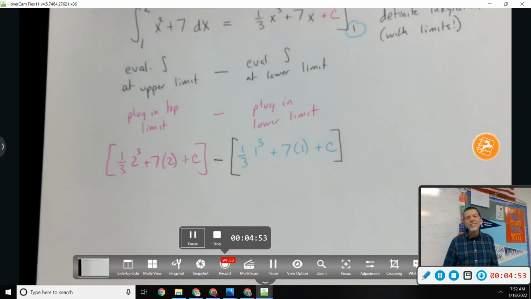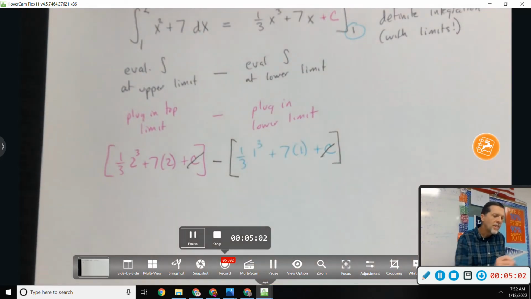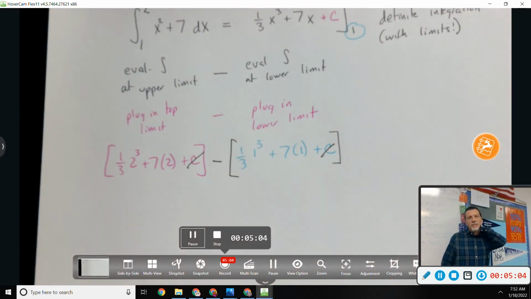Guess that's a safe stop, but what's an easy thing that could cancel? The c's.